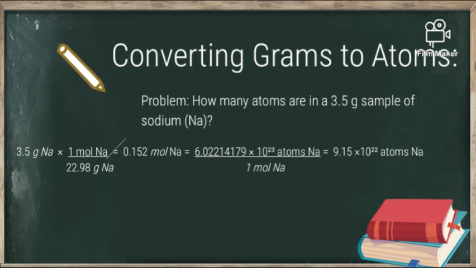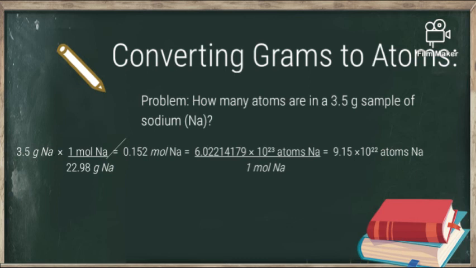Now from that 0.152 moles of sodium, we multiply it by Avogadro's constant divided by 1 mole, or the ratio of the number of atoms in a mole. The moles of sodium cancel each other out, and we're left with the unit atoms of sodium.